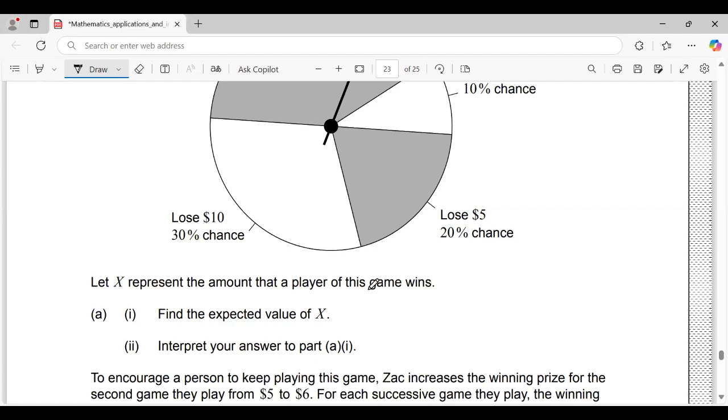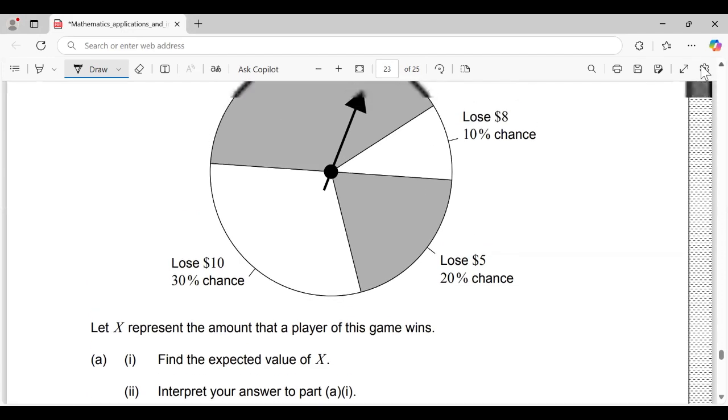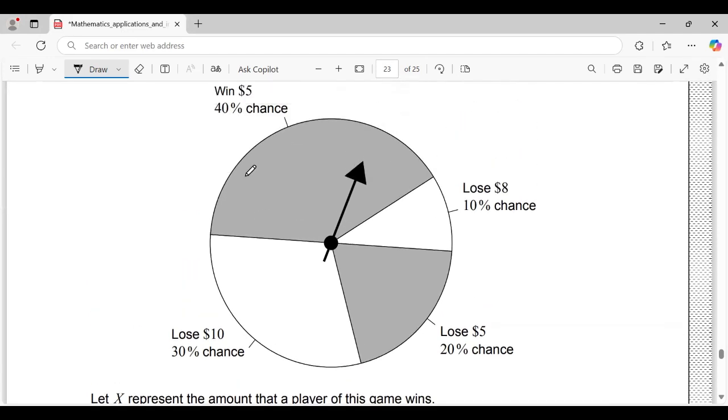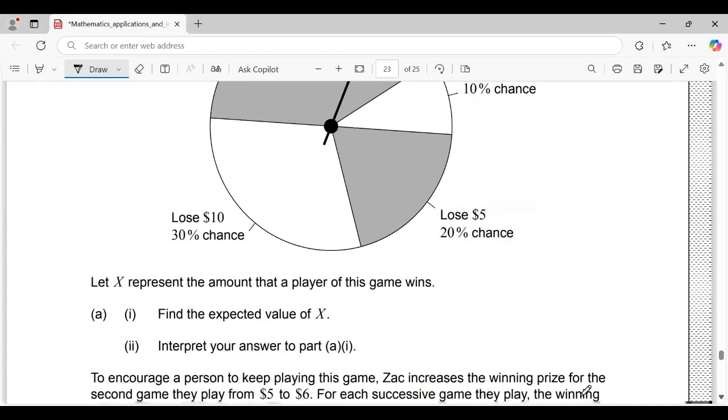Winning outcomes are 40% and 10%, and the losses are 20% and 30%. Find the expected value of X.